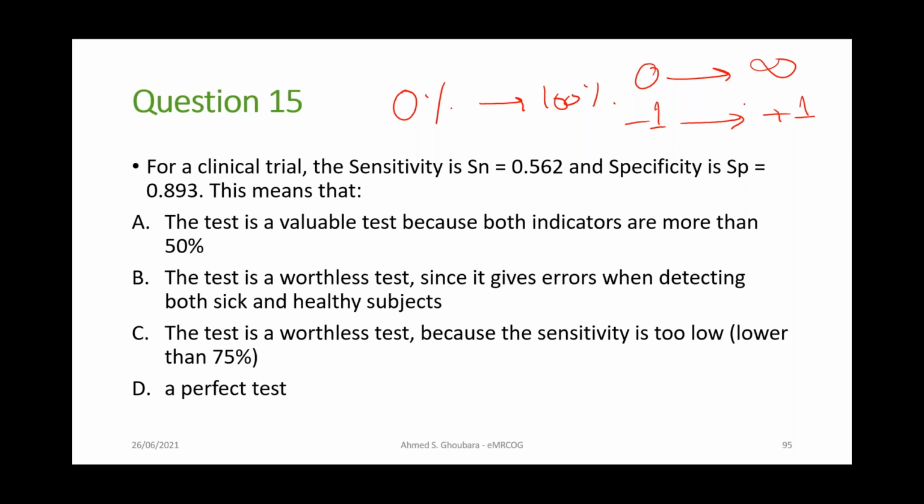But 50% sensitivity means that you have a lot of errors, like half of your population you misdiagnose. B, the test is worthless since it gives errors when detecting both sick and healthy subjects. Why? We have 90% specificity, so we're very good at detecting healthy people.